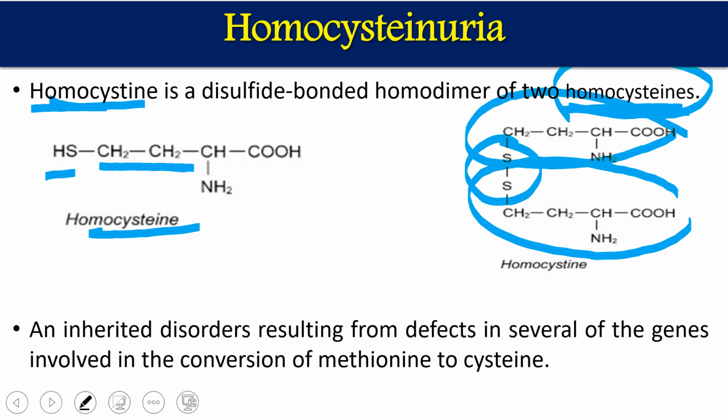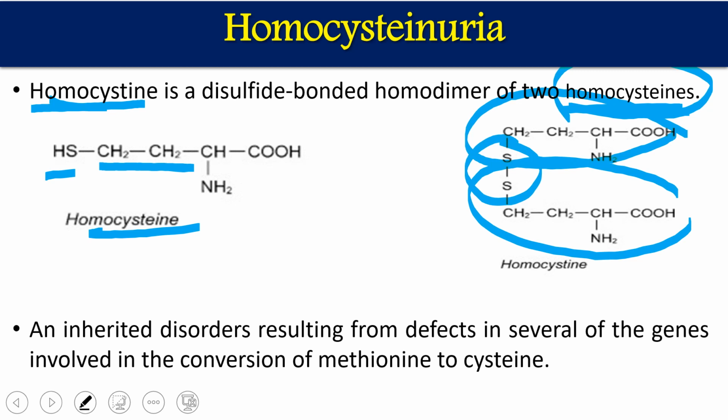Homocystinuria is an inherited disorder. It is an autosomal recessive inborn error of metabolism in the methionine metabolic process, with a defect in certain genes. The defective enzyme is cystathionine beta synthase. We will see that metabolic process and then discuss it.